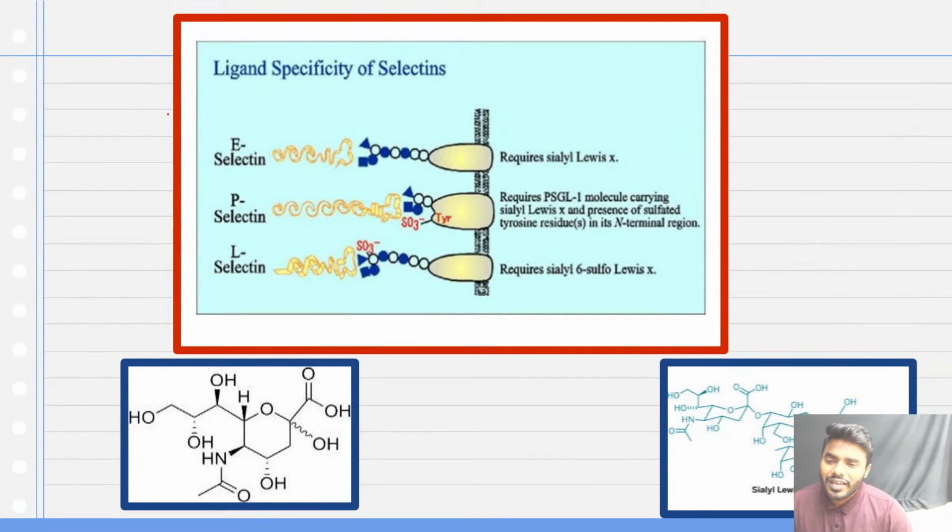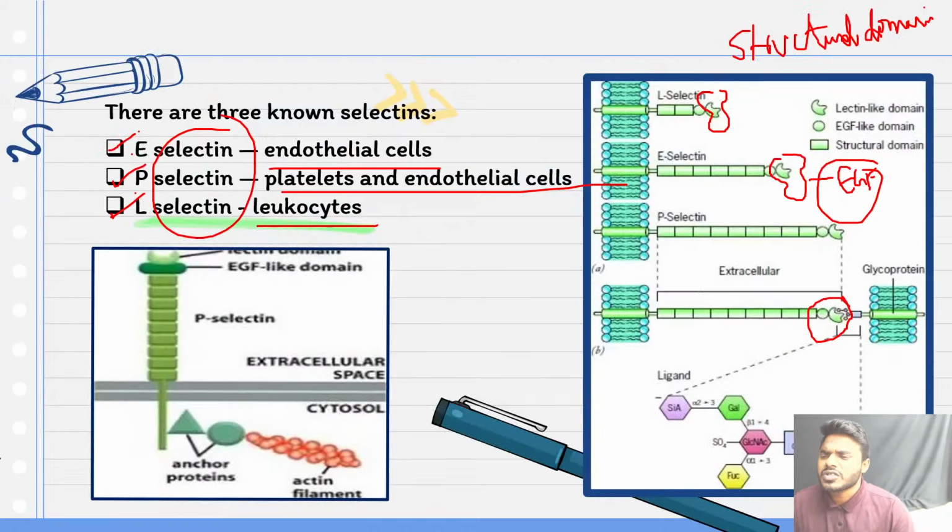And I want every one of you to listen to one of the most important statements. They can ask a 2-mark Part B question or a direct Part C question in the exam. Which of the following CAM molecules plays a crucial role in the continuous WBC migration in the process of inflammation?